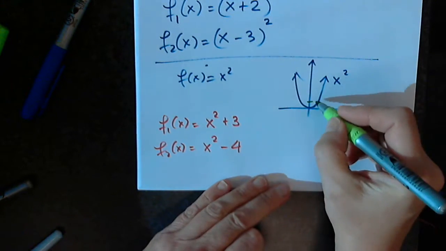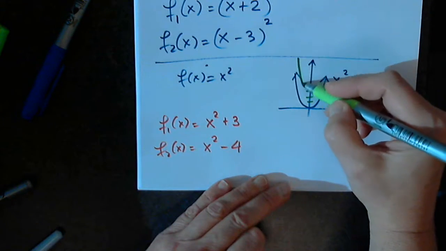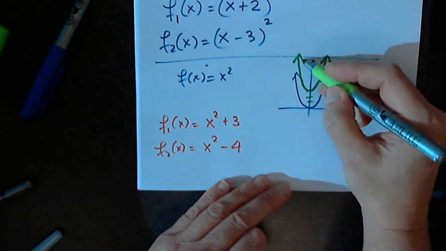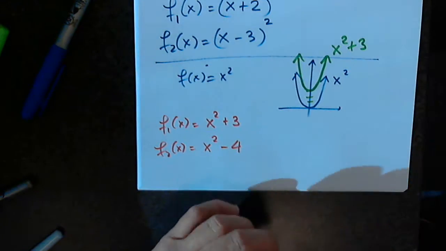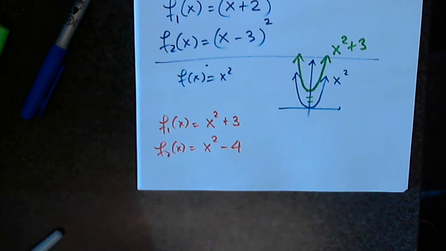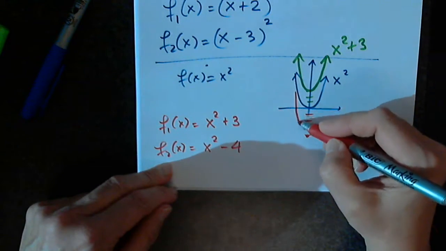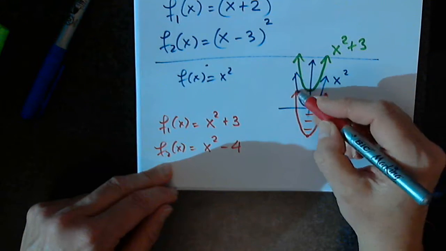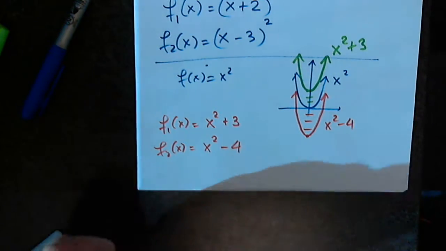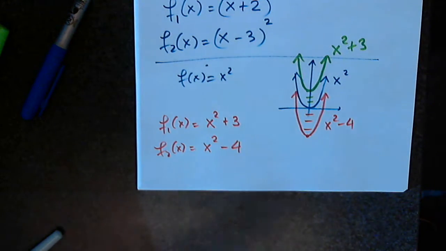So up 3 will look like this. So this will be x squared plus 3. And down 4 will be this. So what type of transformation is this? Vertical. Up and down shift. Or vertical, you're right.